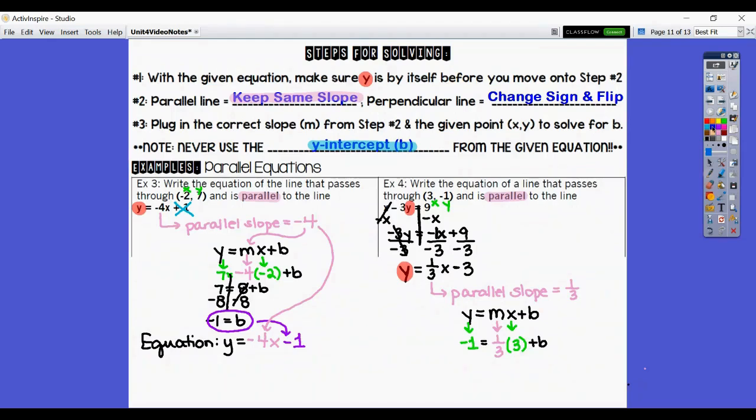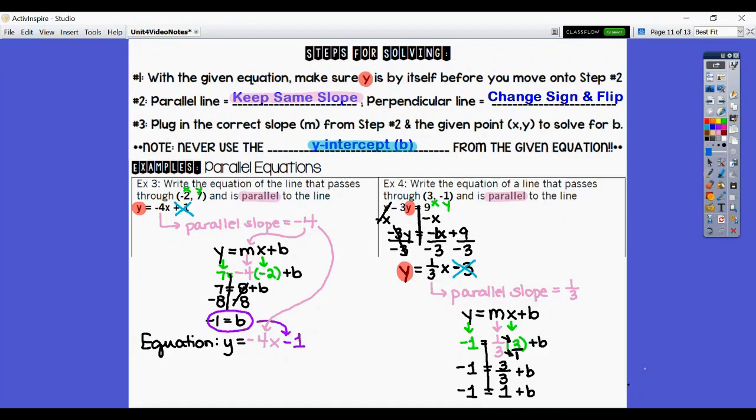I cannot use what my b was before. It's a different line. We go ahead and solve this out. Remember, when I have a fraction multiplied by a whole number, I can put the whole number over 1. -1 equals our 3 times 1 in the numerator, which is 3, and 3 times 1 in the denominator, which is 3, plus b. -1 equals 3 divided by 3, which is 1 plus b.